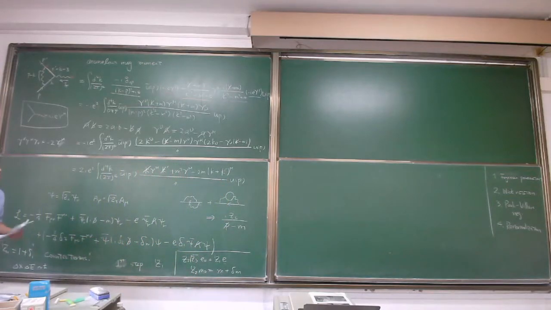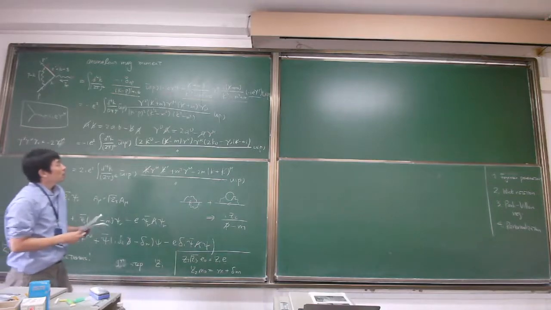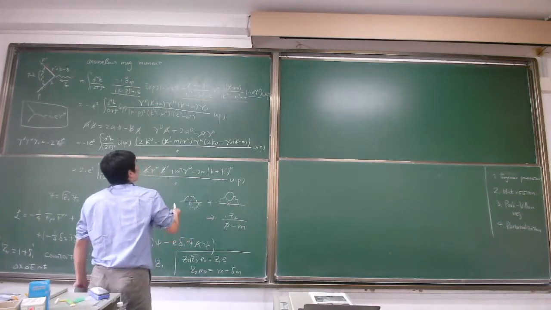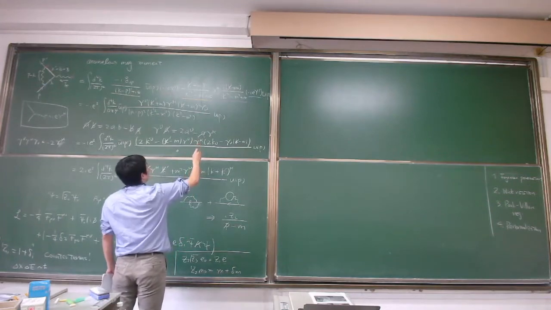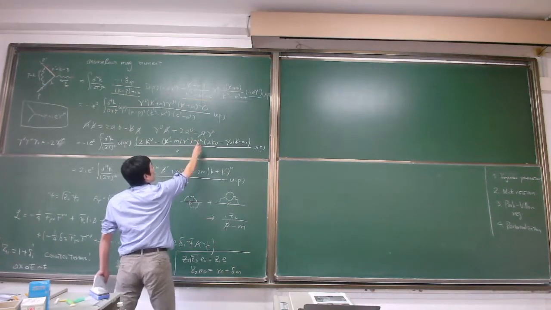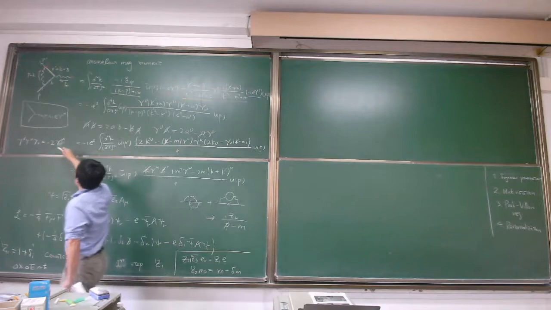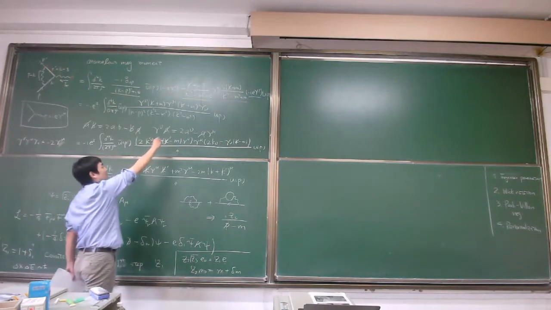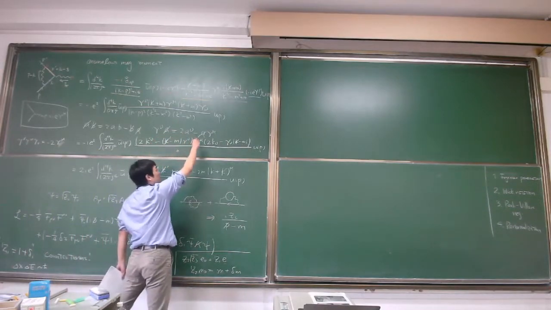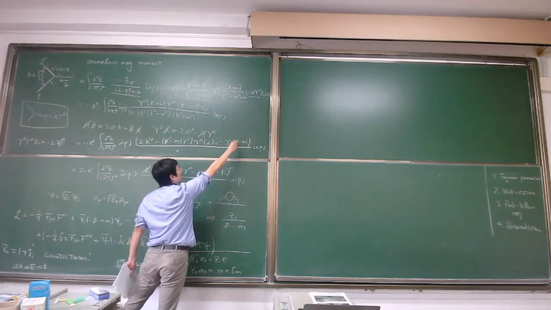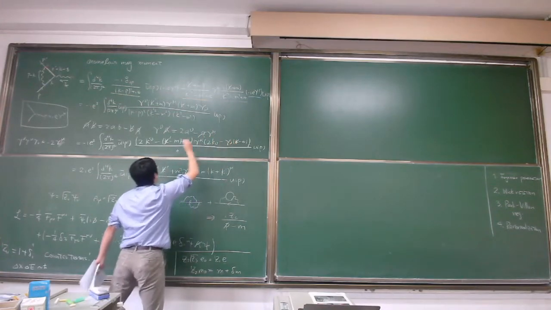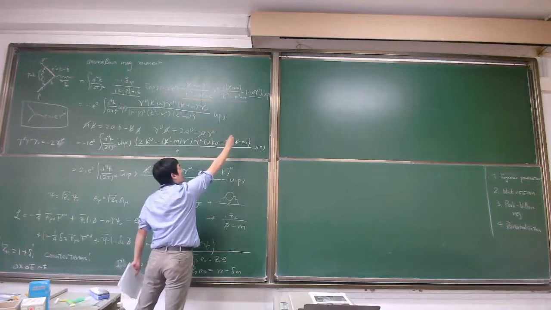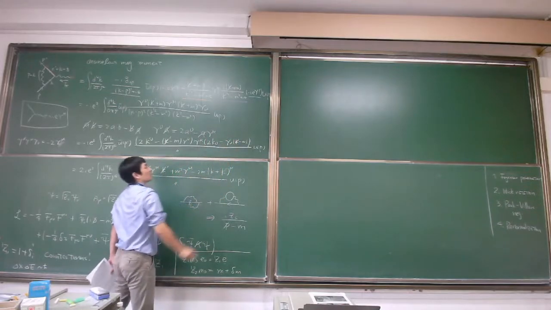Okay, so that's what we have. So here, we just again apply the gamma mu is this guy, and then you again apply k prime and the gamma mu and the k slash k prime slash gamma mu k prime slash, and you get this.